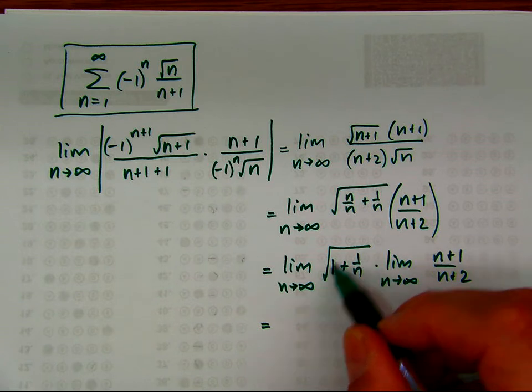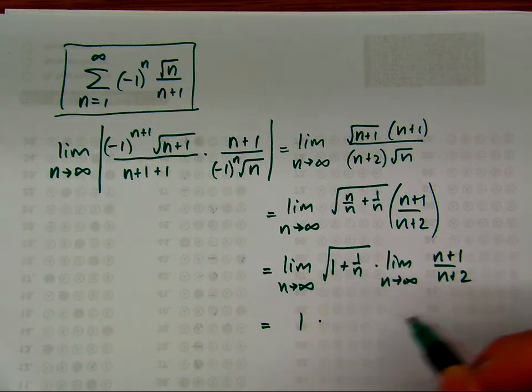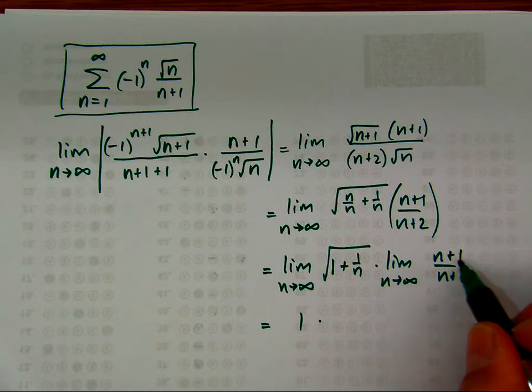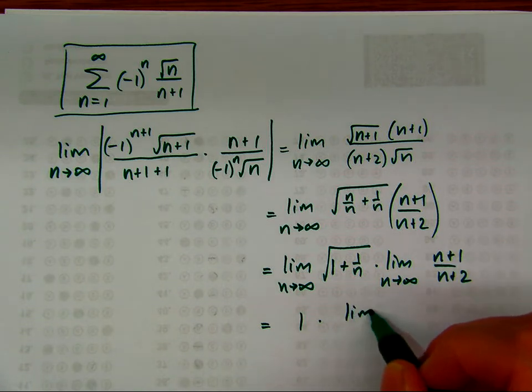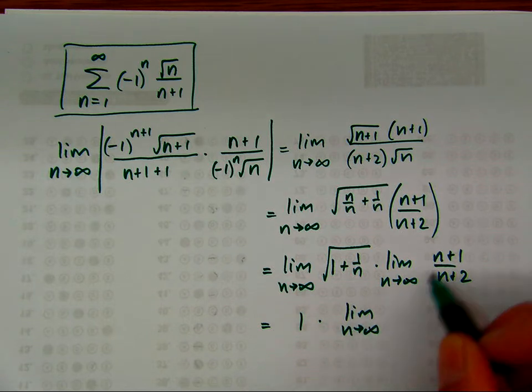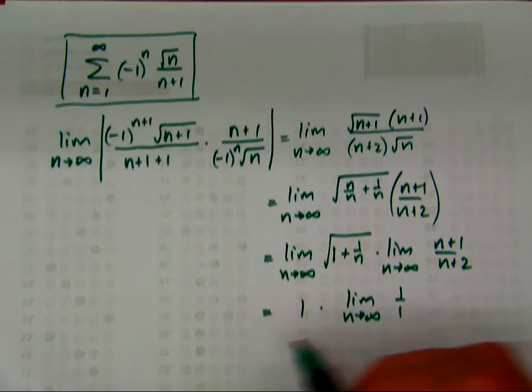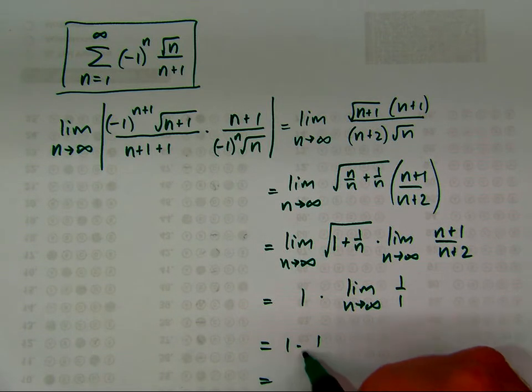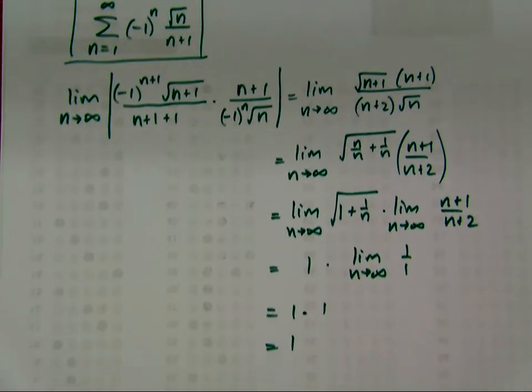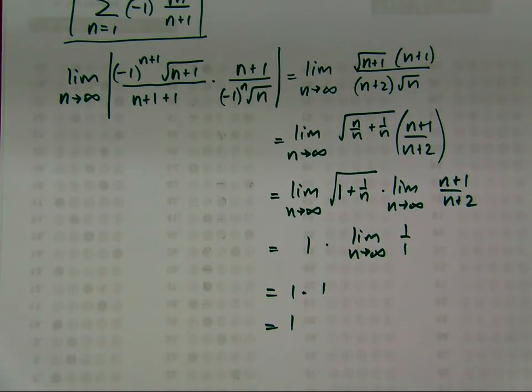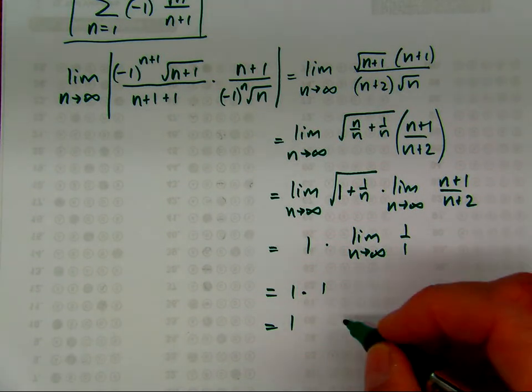We have square root of 1. And then here we have infinity over infinity, so we'll do L'Hopital's rule, which will give us a 1 over 1. The limit of the ratio is 1. That means the test is inconclusive.